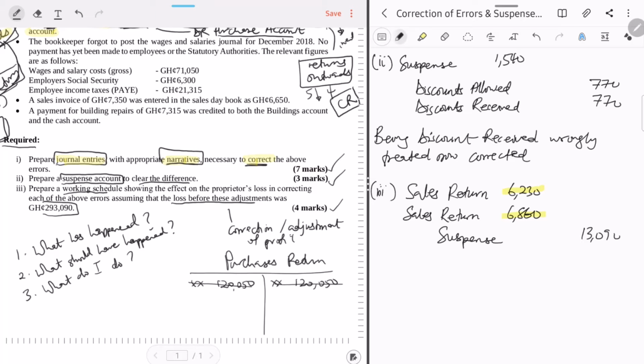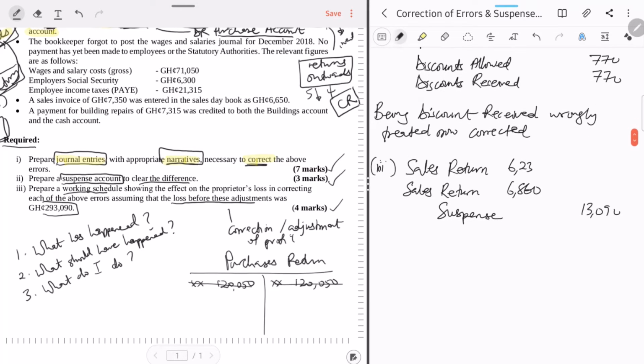You can see there's a trend. Always try to visualize to make it easier for you. So before we continue, let me write the narrative for this.